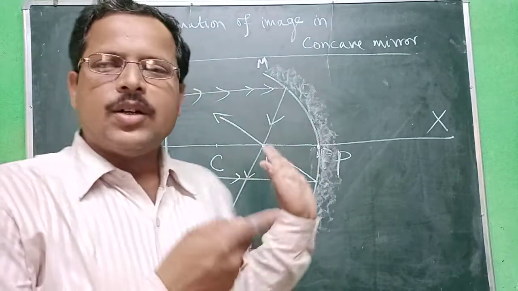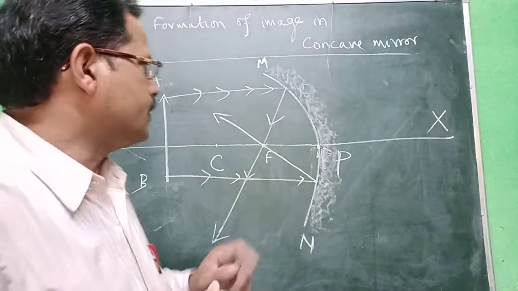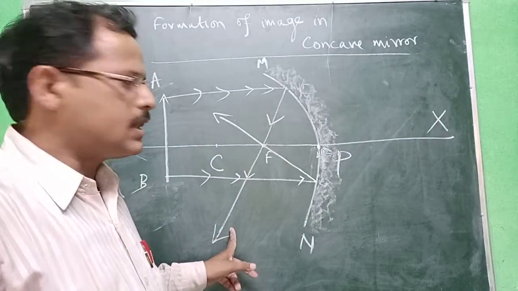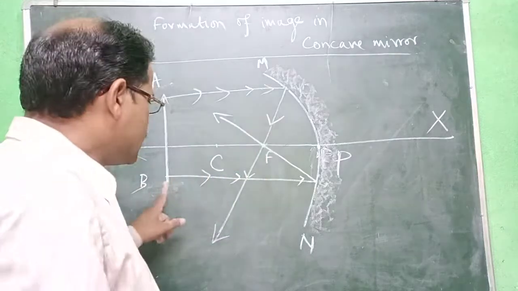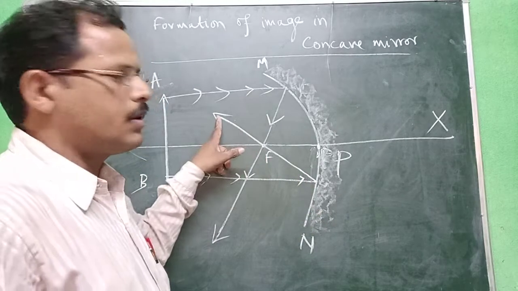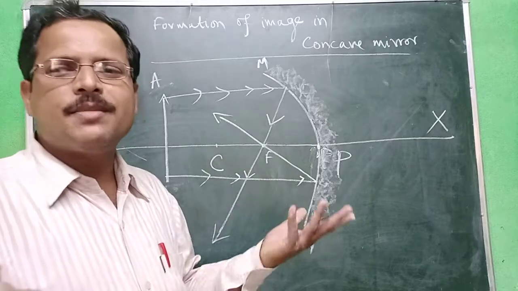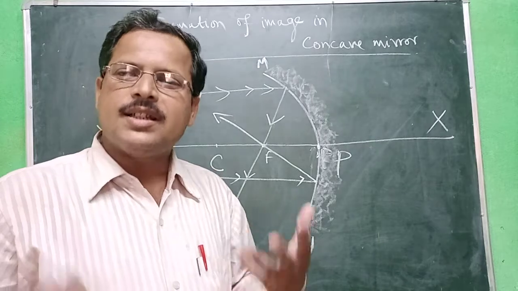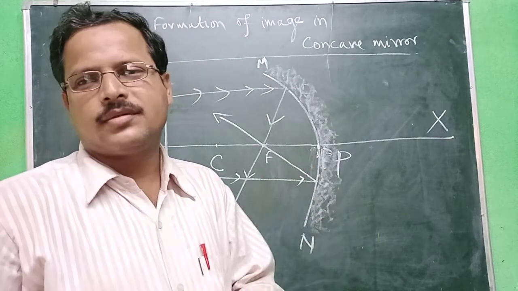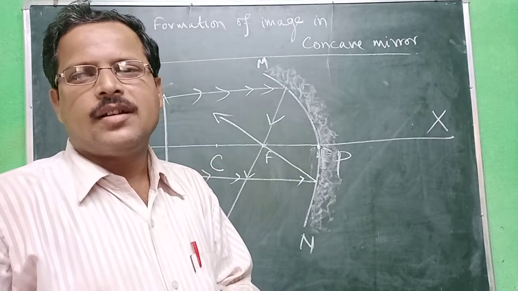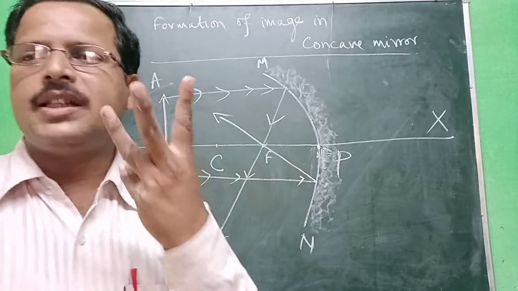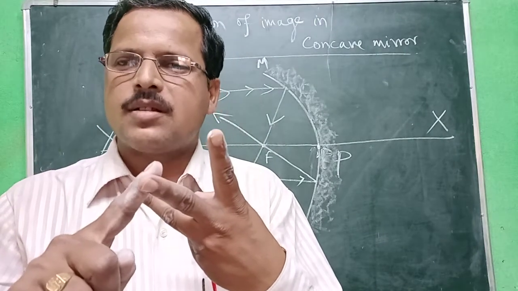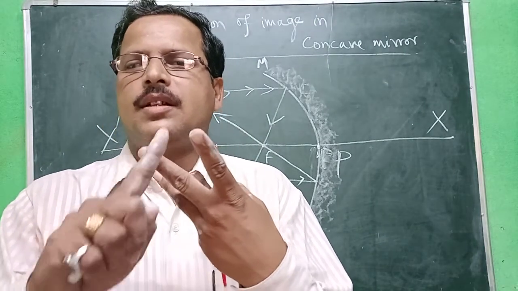So let us see where the reflected rays meet. The first reflected ray passes through the principal focus, and the second reflected ray passes through the principal focus. So where is the image? The image is produced at the focus, and we consider three things: the position of the image, the nature of the image, and the size of the image.